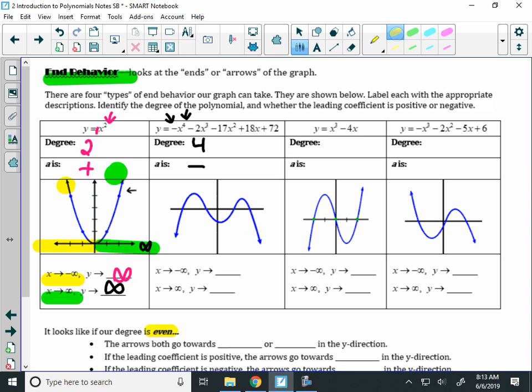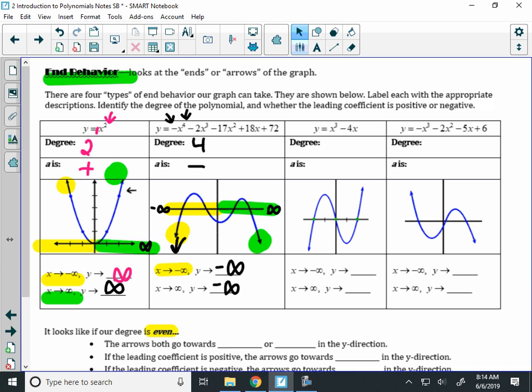As x goes to negative infinity, to the left, the arrow is going down, which means the y values are going down towards negative infinity. As the x values go to the right, towards positive infinity, the y values are still going down towards negative infinity.